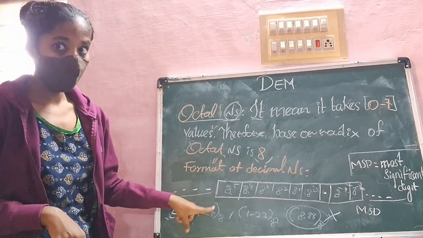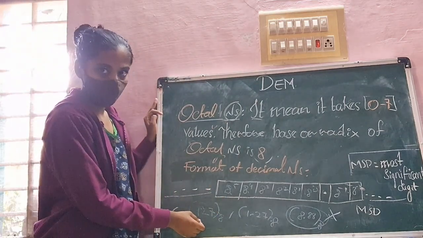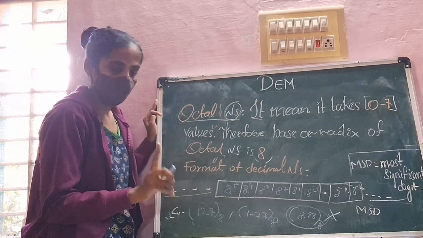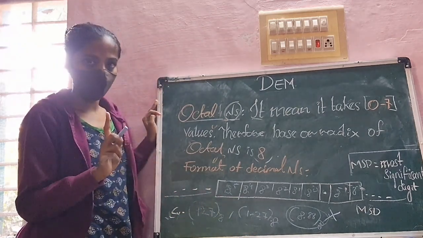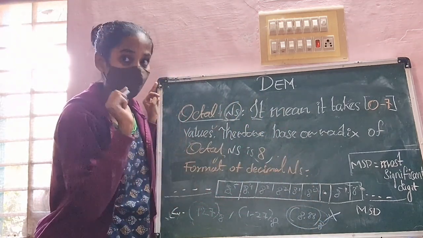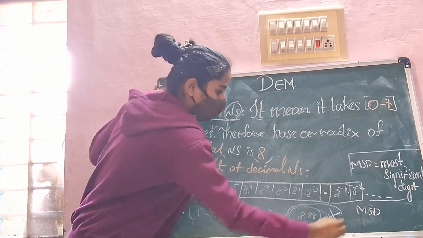Let me take an example, and you will make a mistake here. Yes, 127 base 8 is acceptable, and 1.27 base 8 is also acceptable. But 8.88 base 8 is wrong.